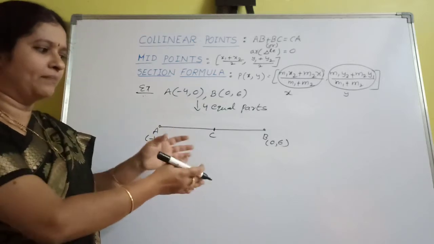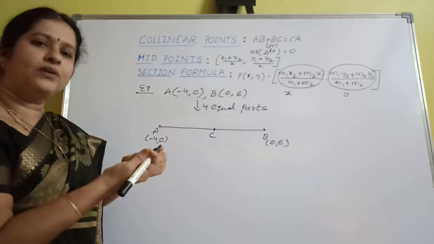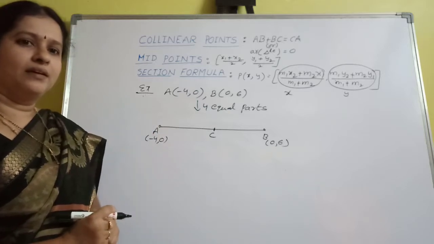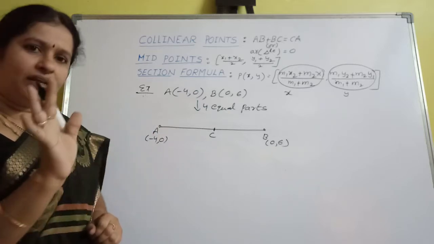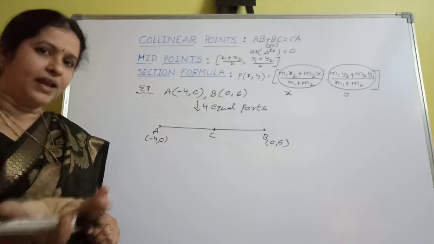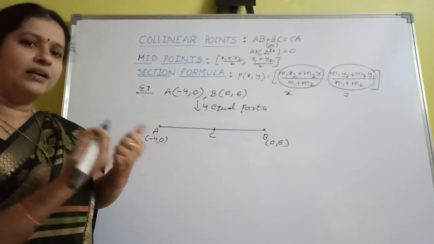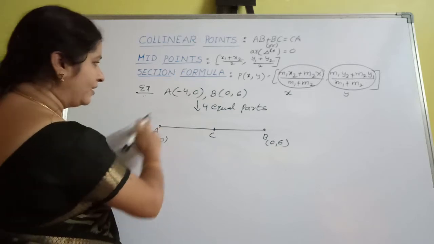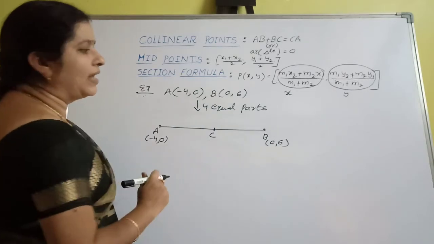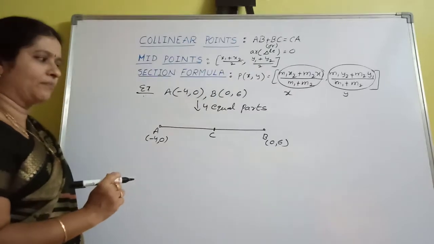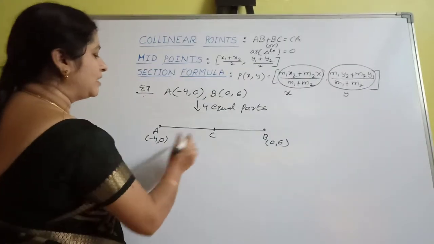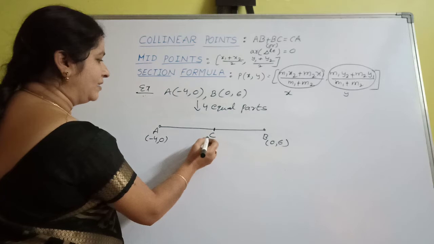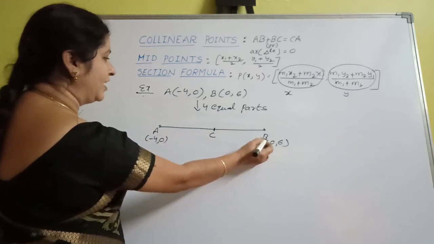Again you take one part of the stick and cut it into 2 parts, and again you take another part and cut it into 2 equal parts. That's how we divide the line segment into 4 equal parts. By using this concept, first find the midpoint of AB.